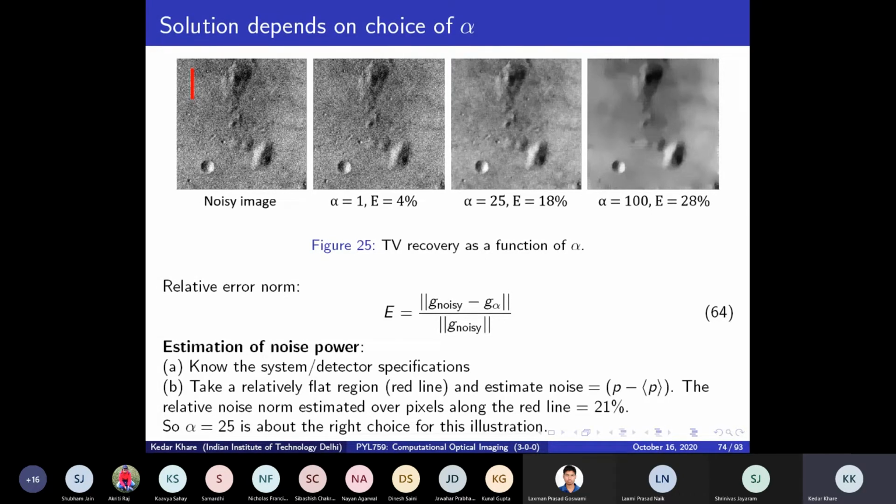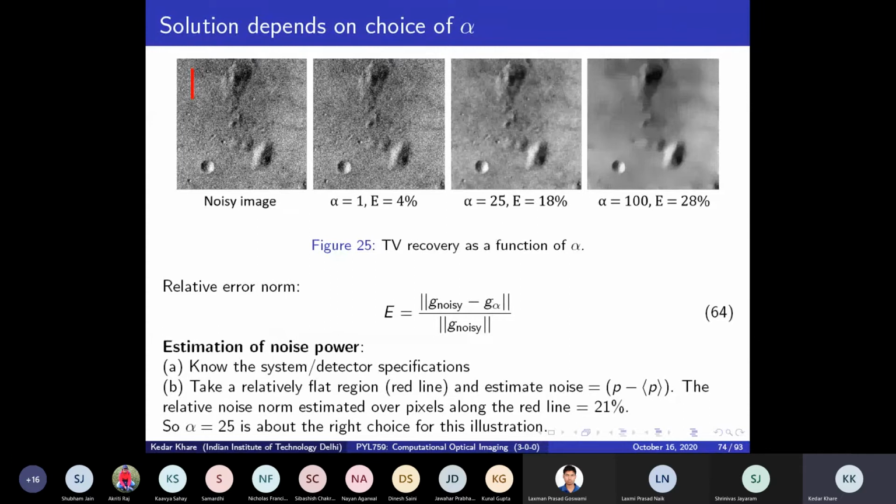And then I'm going to look at different values of alpha. Different values of alpha will give me different solutions, and I can look at the error performance relative to the noisy image. If my error performance there is the same as the noise performance, so this 21% and 18% is kind of close, then alpha close to 25 at least is going to give me a reasonable denoised image.